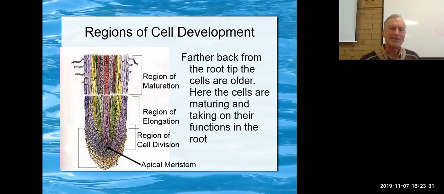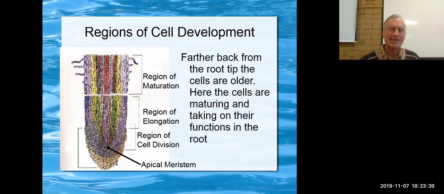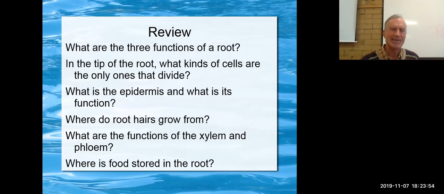Then behind the region of elongation is the region of maturation, where the cells are older and they're maturing, taking on their final functions in the root. And then there's the root cap that we already talked about, covering the tip of the root to protect it. So, what are the functions of a root?